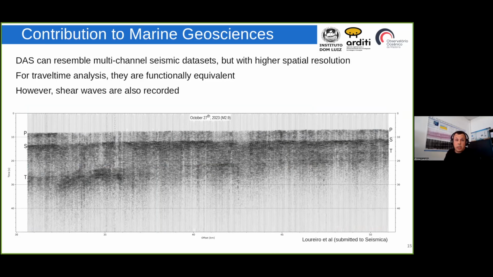And we can also use a simple cable with an earthquake to generate subsurface imaging, because we have an extremely high spatial resolution. And here again, S waves are recorded. In this case, I have P, S, and even T waves recorded, which were not visible on land stations in this case.